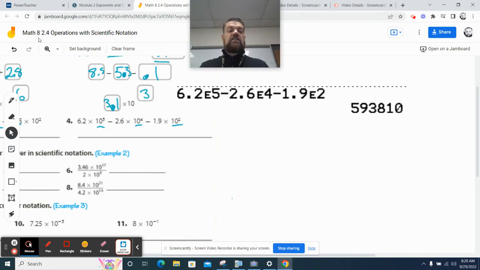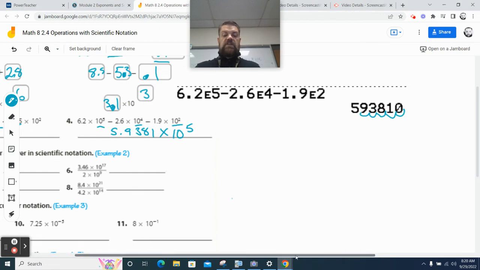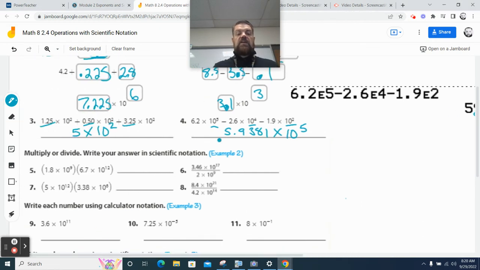And so if I need to convert that to scientific notation, I'm going to go over 1, 2, 3, 4, 5 units. So it'd be 5.9381 times 10 to the 5. Yep, that's what the book says. All right. Let's finish the rest of these bad boys.